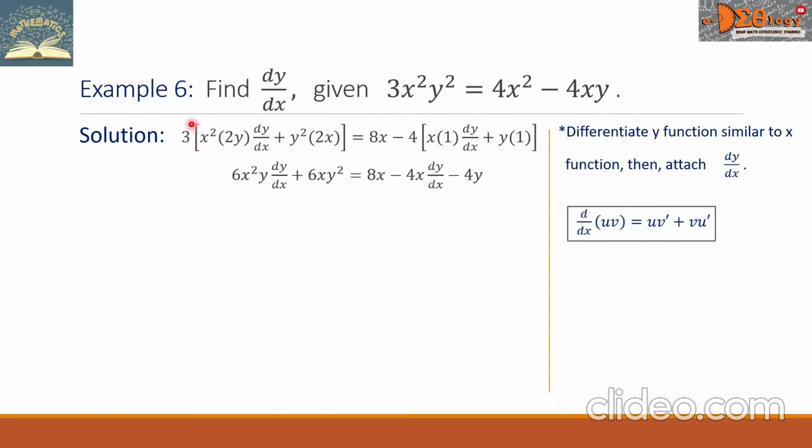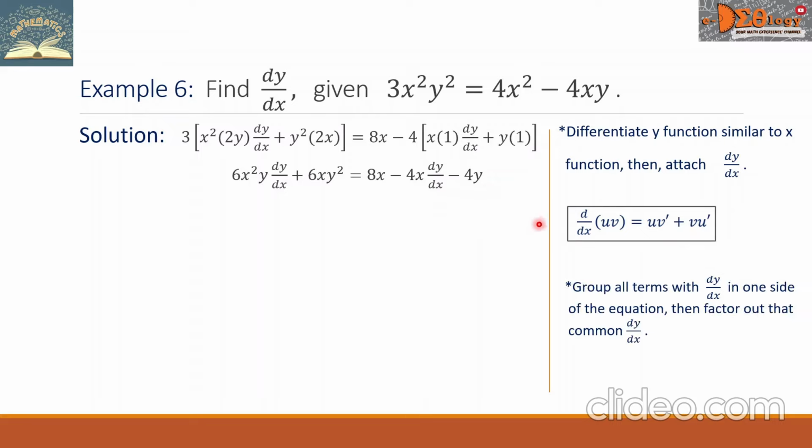We know that the constant 3 is multiplied to each of the two groups inside the grouping symbol. Now, equals the right side. 8x we copy here, then the negative 4 is multiplied to the two groups inside the grouping symbol. So negative 4 times the first group becomes negative 4x dy over dx, then minus the second group 4y.